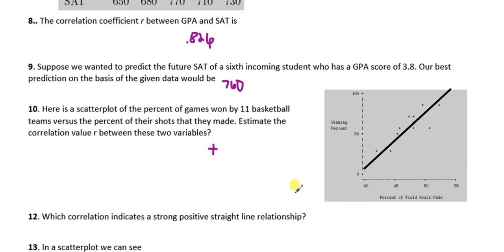So if you have some multiple choice answers fairly close to the line, when you get down around like 0.3, 0.4, 0.5, the dots are much more spread out. So this is going to be somewhere between plus 0.7 to 0.9. And there's not going to be two multiple choice answers within that range. I would guess it's about 0.8.